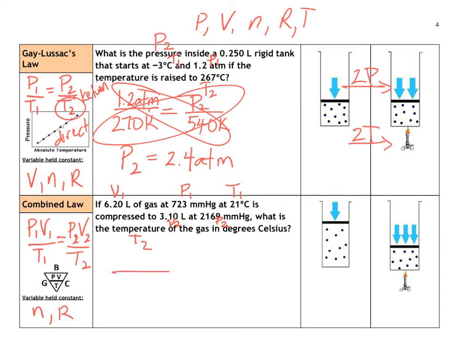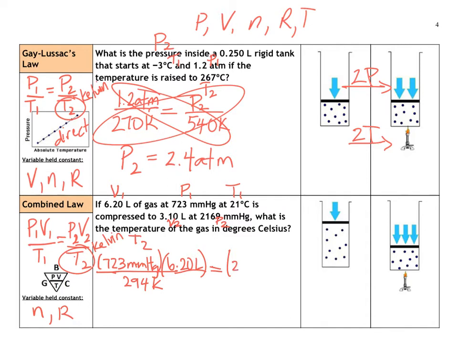So I substitute all my variables in, starting off with P1, 723 millimeters of mercury. V1, 6.20 liters. T1, 294 Kelvin. Temperature must be in Kelvin once again. Equals, going over to the other side, P2.